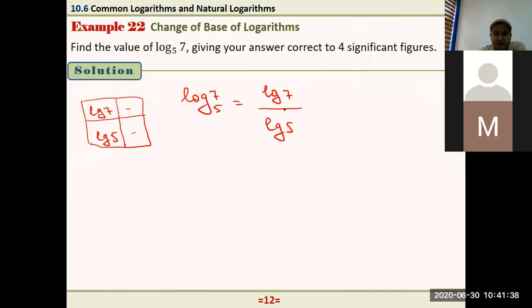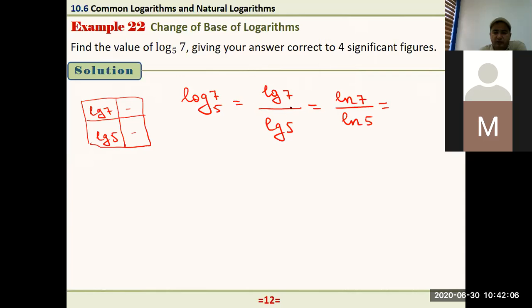Base is c, here say is 10. That's why it's a common logarithm. I'm not writing this. Or even I can just write it as natural logarithm of 7 over natural logarithm of 5. Or anything here, we can write it as natural logarithm of anything, right? Since we have a formula, these bases must be equal, so they are always equal to each other. Okay.